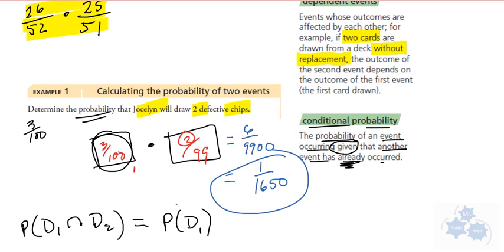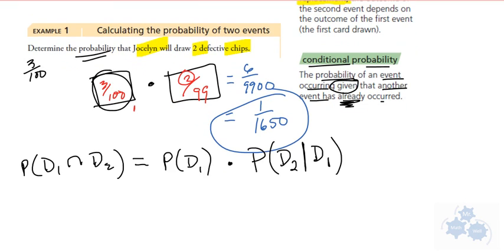That's what we did right here. And then we multiplied that by the probability that we would draw a second defective chip. And this is where the new notation kind of comes in. And there's a straight line up and down here like this, given that the first one was also defective. So there's your formula. And really that's just what we're doing when we think about multiplying probabilities.